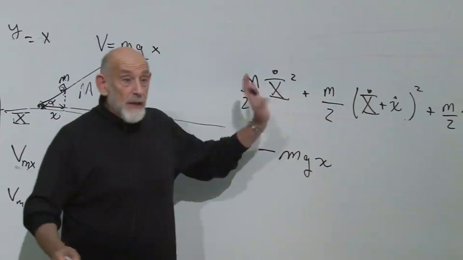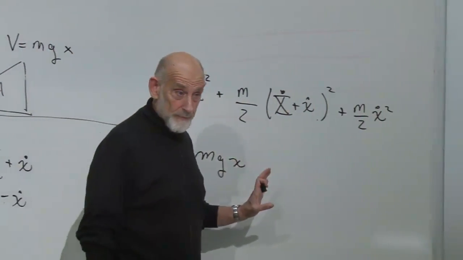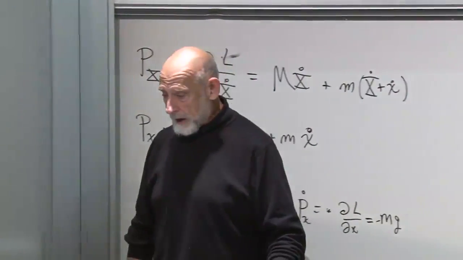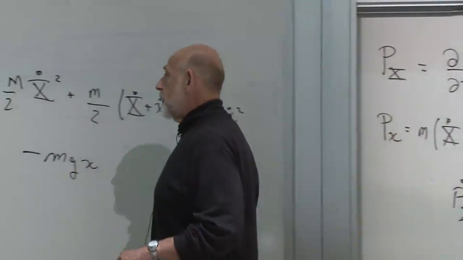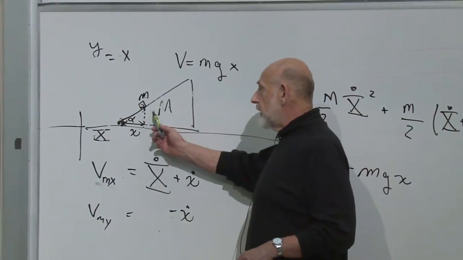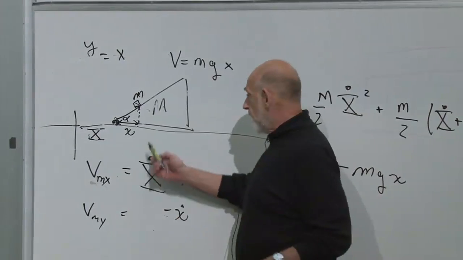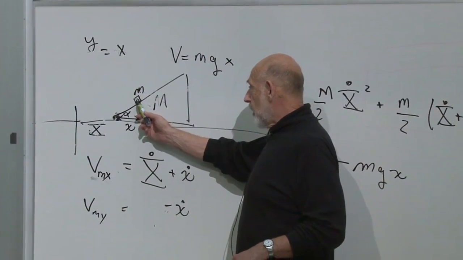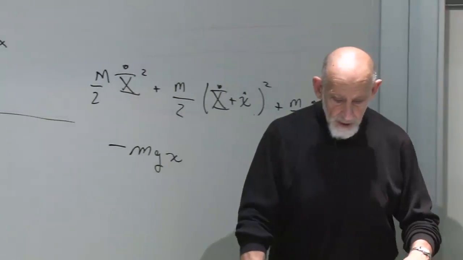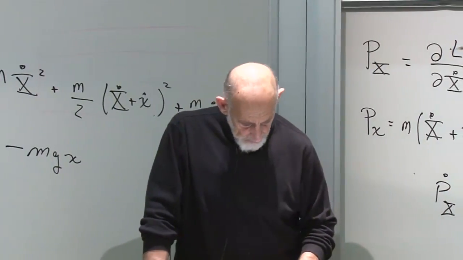In this context, we never had to talk about the forces between them. It just didn't enter into the discussion. The forces between them are simply assumed to be such that the constraint is satisfied, namely that the particle stays on the inclined plane. So it's much easier.